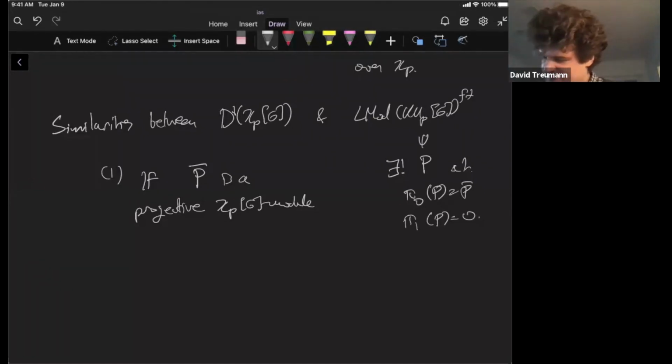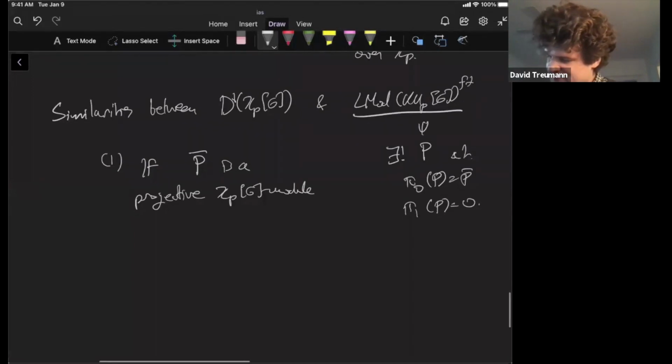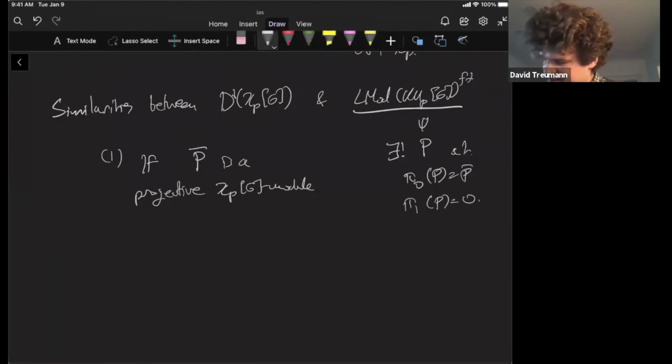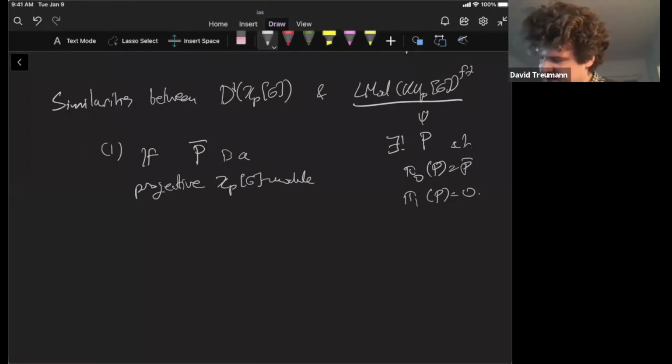So there's some piece of this category that's familiar. It is the category at the level of homotopy classes of maps. It is the category of projective modules.